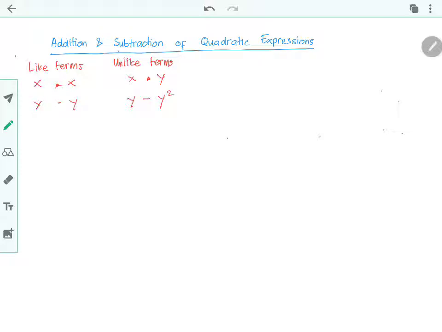As you can see here, if you have different exponents, it means they are unlike terms. Let's say if I have y cubed, it is like terms with another y cubed.